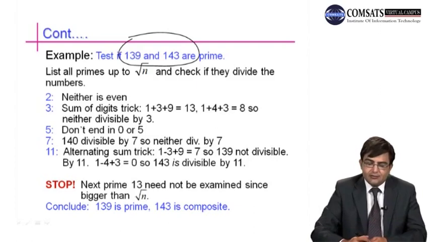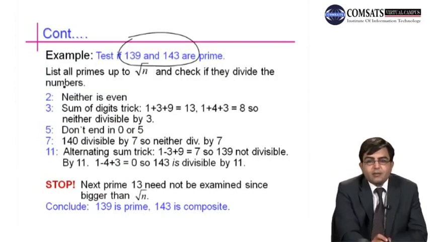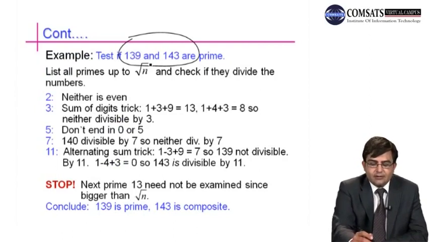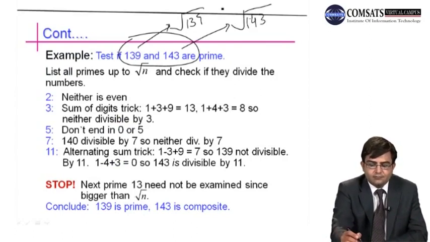As we have proved here in this lemma, if n is composite, then its smallest prime factor is less than or equal to square root of n. Now list all prime numbers up to square root of 139 and 143.